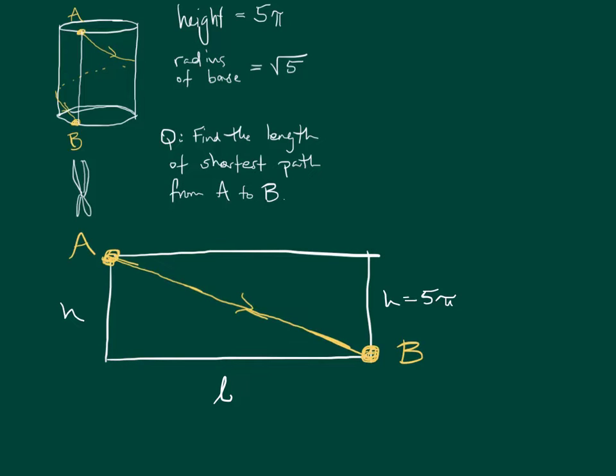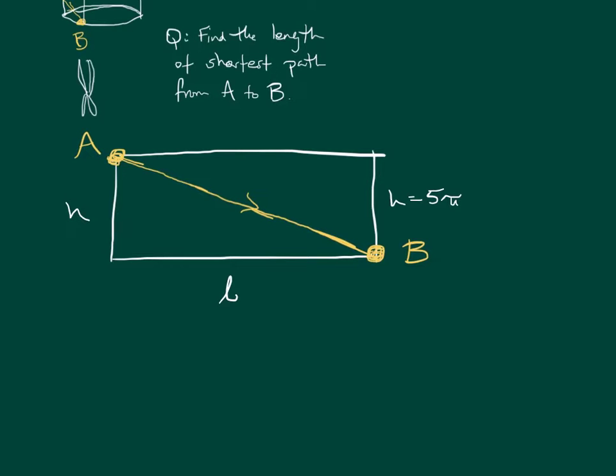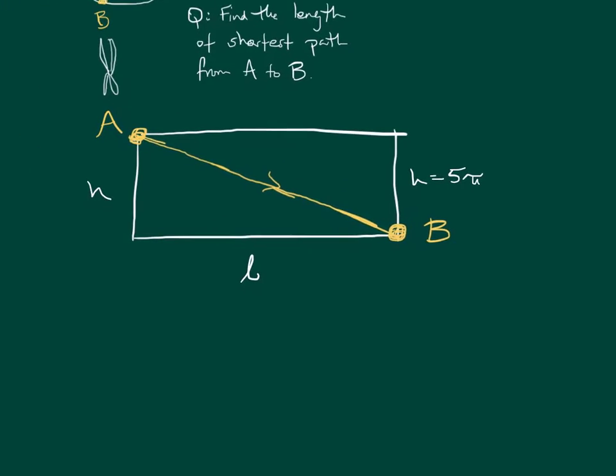Think about what happens when I put this cylinder back together. I've got a base down here, and as I put the cylinder back together, all of these points on the bottom exactly match up with points on the base.